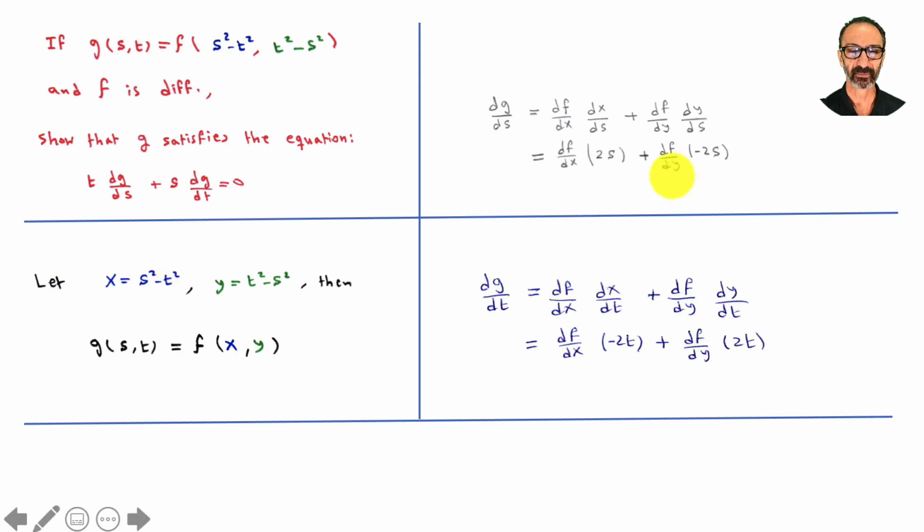Same thing right here. dy ds will be minus 2s.